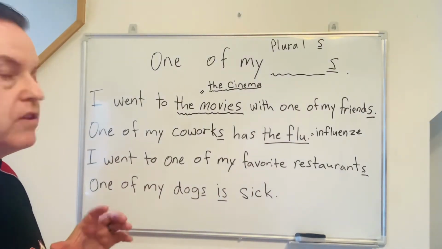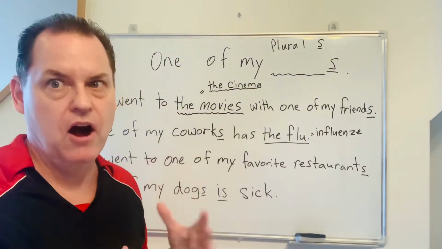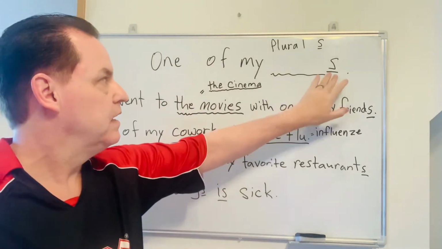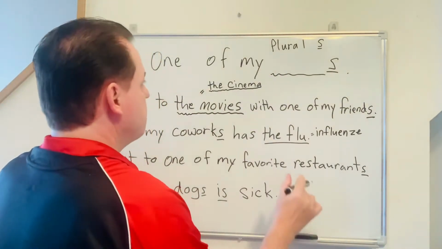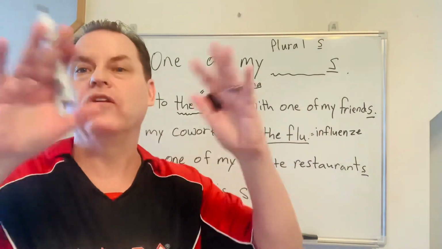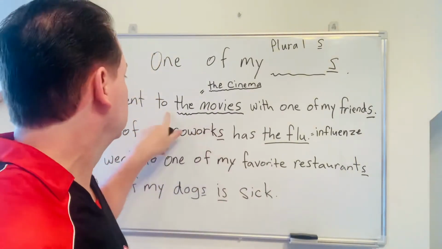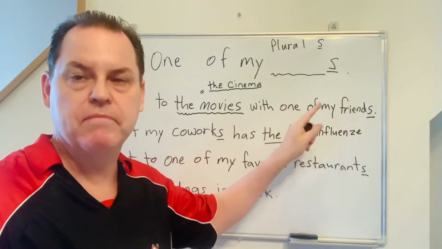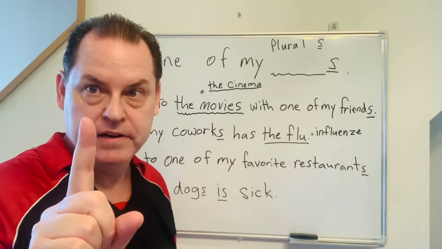So the main point with this, my students often make a mistake with this one. One of my plus plural S. So my is your key point. My means all of them. You wouldn't use my friend, because if you use my friend, that means you only have one friend, right?